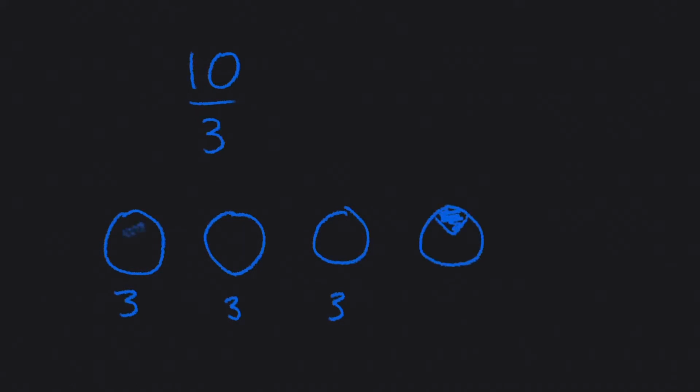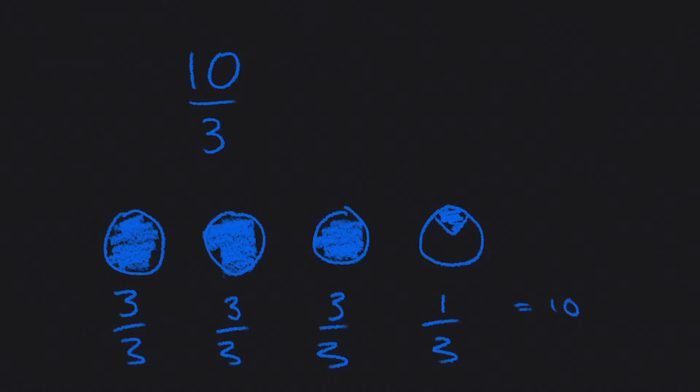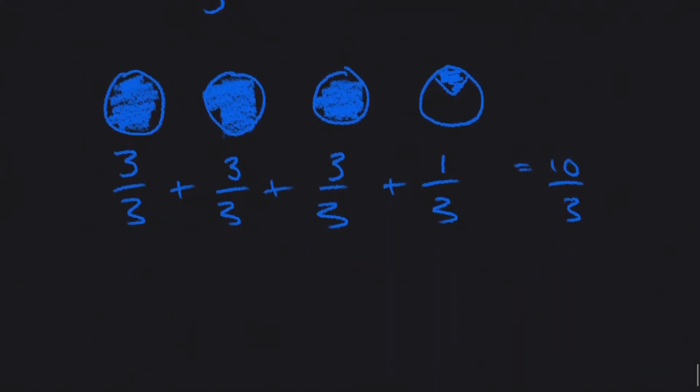So there's a whole, there's another whole, and there is 1/3, because 3 plus 3 plus 3 plus 1 is equal to 10. All of these 3/3 and this 1/3 make up 10/3. As you can see, I've got 3 wholes and 1/3 left over.